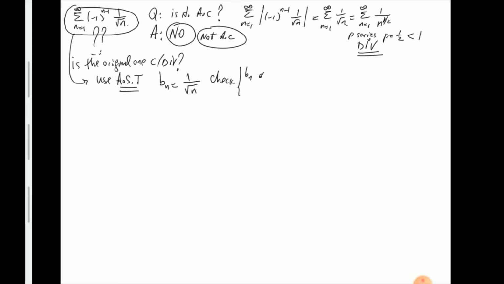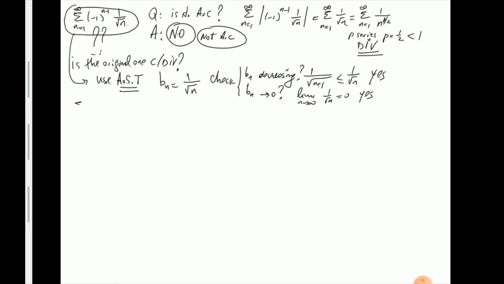There are two conditions, remember, on the alternating series test. That means 1 over root n+1 is less than or equal to 1 over root n. Yes, it is decreasing. b_n goes to 0. Is the limit of 1 over root n equal to 0 as n goes to infinity? Yes.